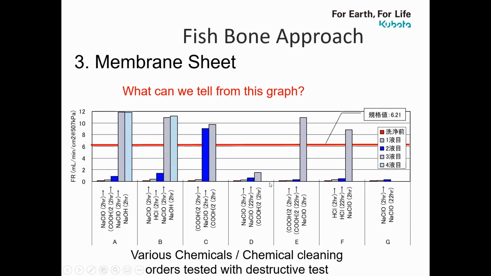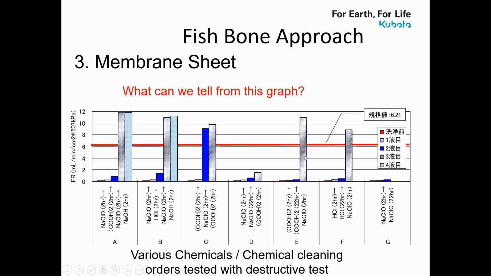Most of the plants, I would assume 90% of you guys, are just cleaning with sodium hypochlorite, and that's good. If it's showing a good recovery, then you're okay. But if you're having difficulty, we had a golf course that had a big party that fouled the membrane and couldn't recover very well. They tried acid first and sodium hypochlorite second, and it cleaned very, very well.